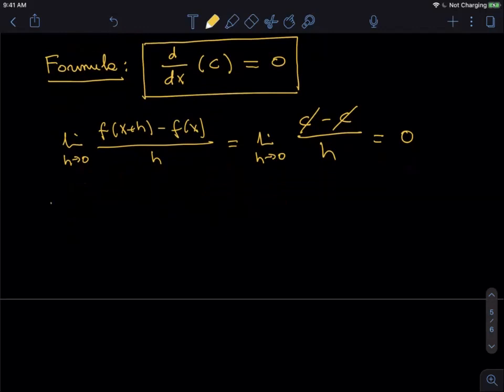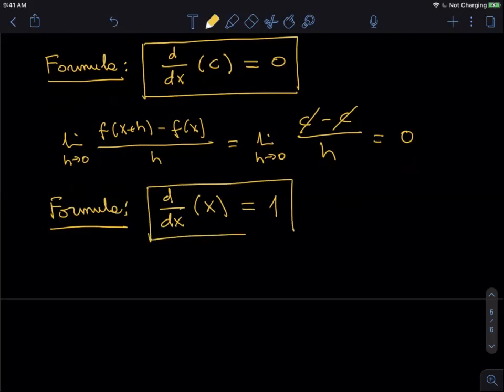Another thing that we have been using a lot, for example, the derivative of x. Okay. We have seen that this is equal to 1. Why? Because the slope of x, because it's a linear function, it's the coefficient. And the coefficient in this case is 1.